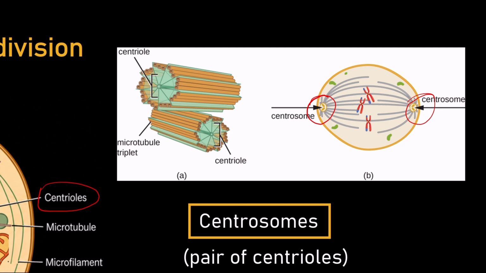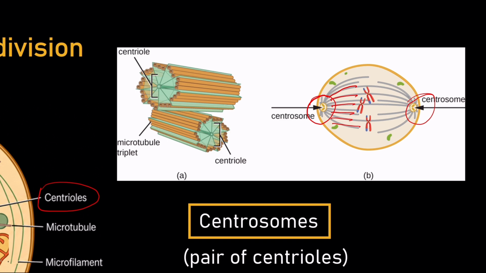What these centrosomes do is produce fibers called the spindle fibers. These fibers pull the duplicated chromosomes to the opposite ends so that each cell has exactly the same number of chromosomes.